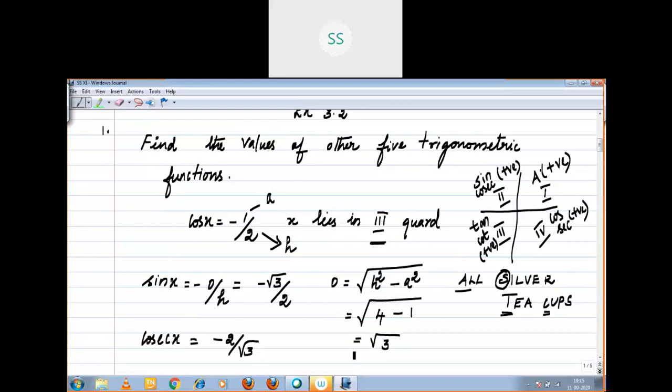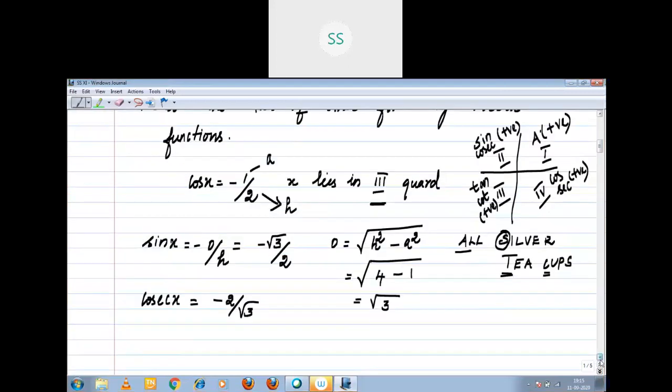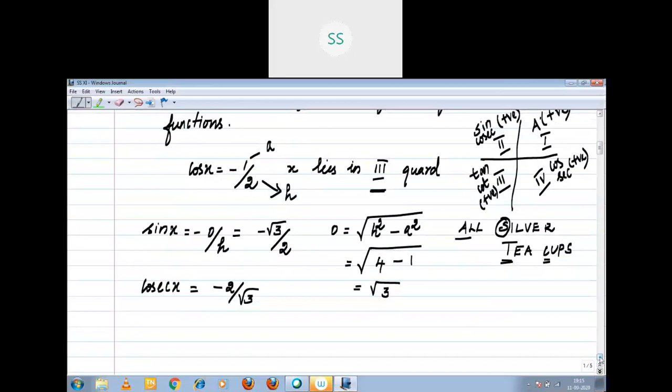Next, secant x equals the reciprocal of cos x, which is minus 2. Next, tan x equals opposite by adjacent.